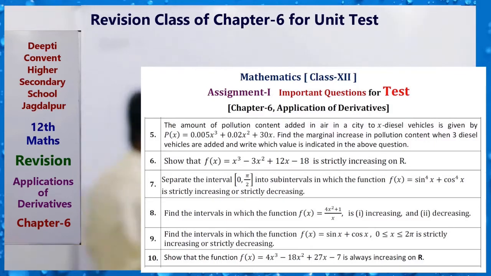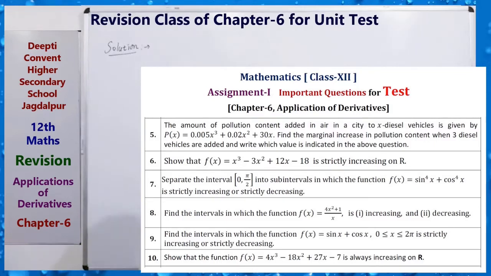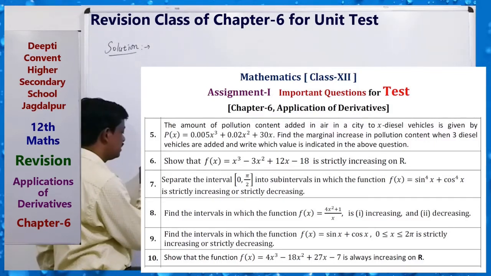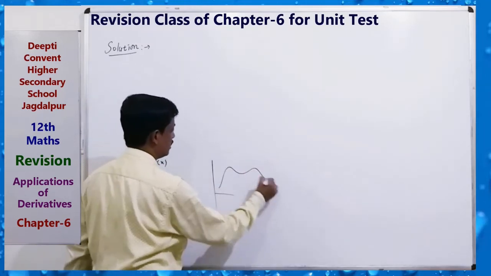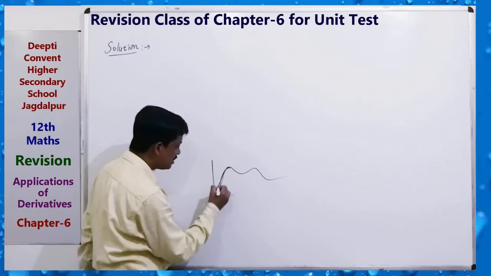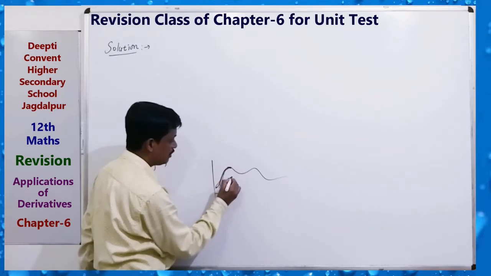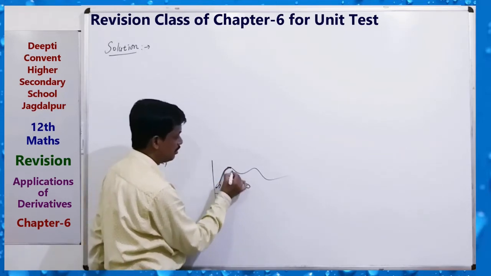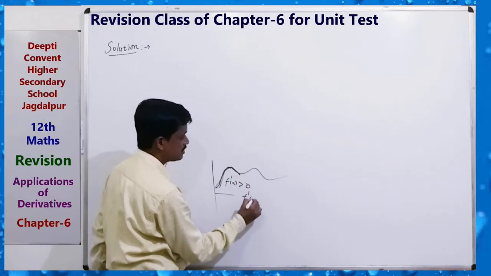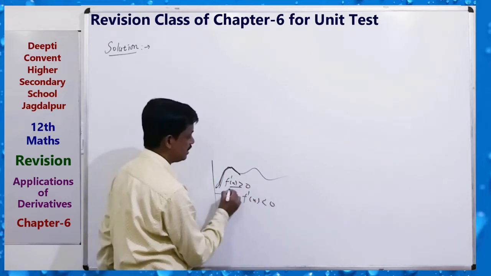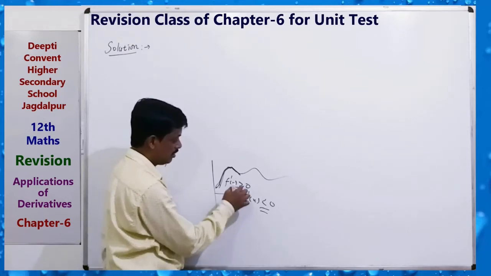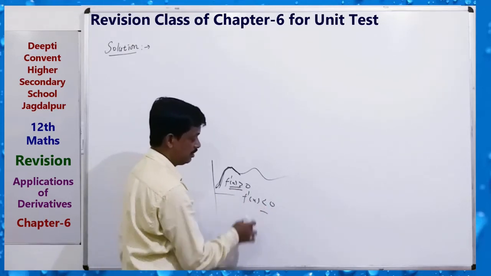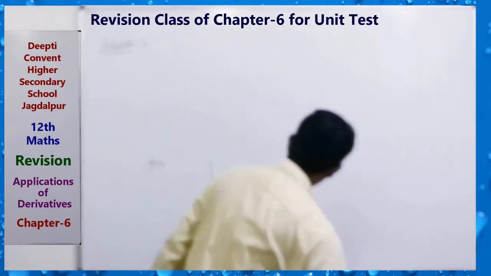Suppose f(x) is a function and its graph is like this. For the increasing part, f dash x is greater than 0. For the decreasing part, f dash x is less than 0. If it is not strict, then it is greater than or equal, or less than or equal. Clear? So the derivative is less than or equal, or greater than or equal.